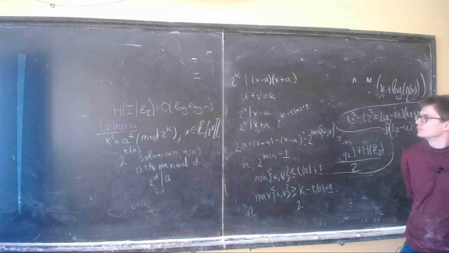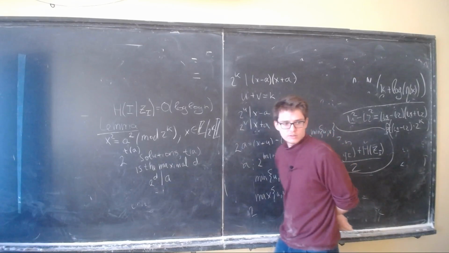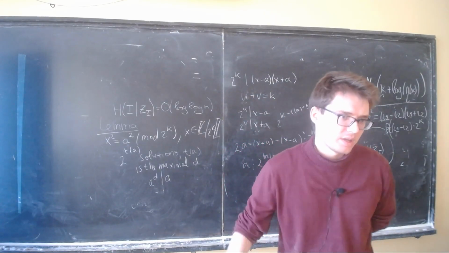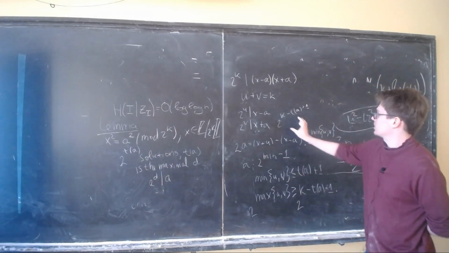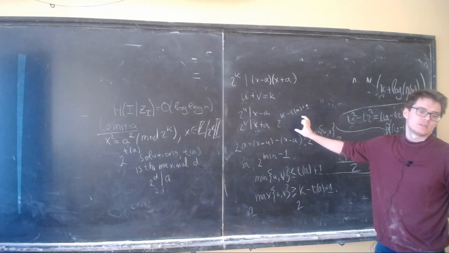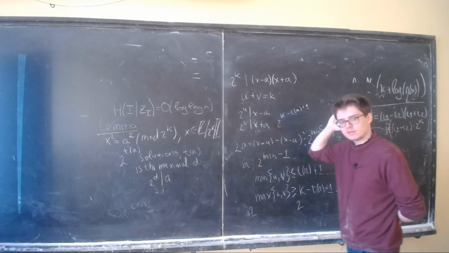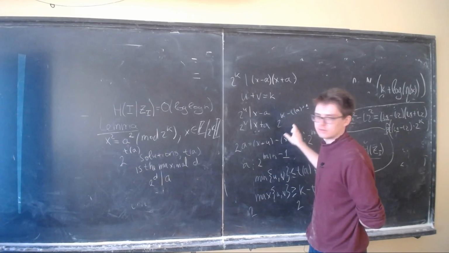And it means that all x's which can satisfy this property should be separated by this number. Two consecutive x's which satisfy this property should be of distance at least this thing from each other.